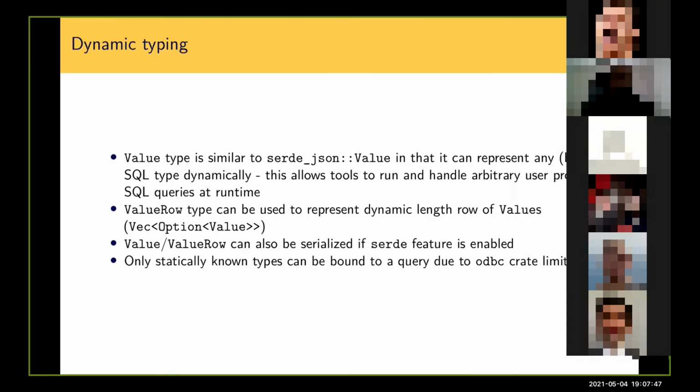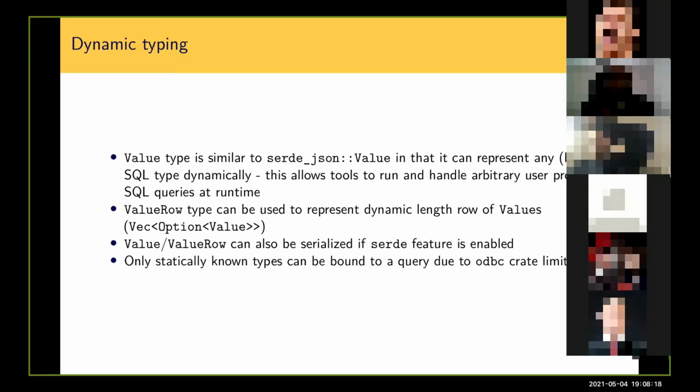And this is very handy for writing tools. So I mentioned that I have the ODBC tools crate as well. There is a generic query tool, which can output in various formats, including JSON, and this uses exactly that, so that you are able to specify any query as a command line parameter, and it should just work and handle any format of the table or any set of columns that the database will return.